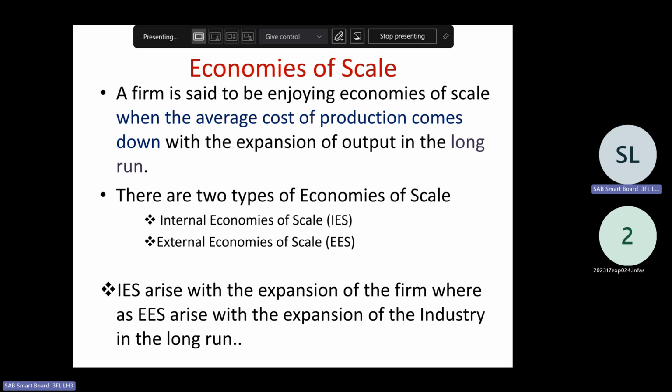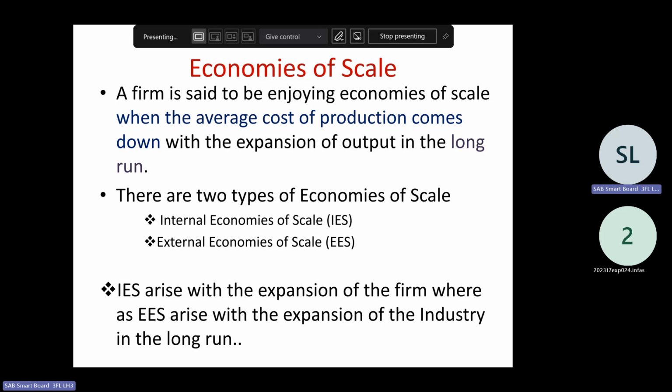If we are going for higher production by increasing the scale of the business, with the change in both factors, labor and capital, the benefits pass to the organization. Those are the internal economies.